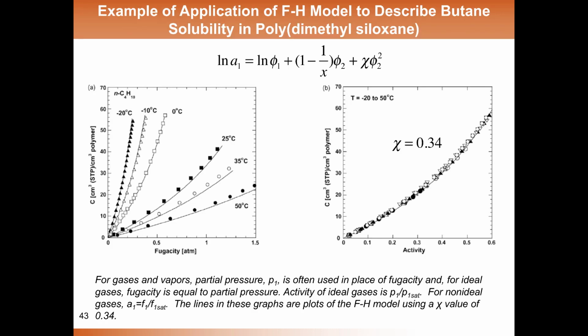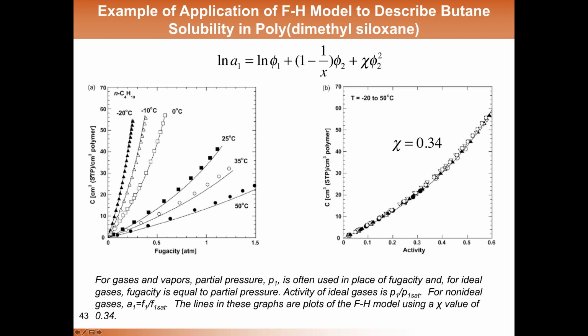So how is this useful for us? Well, we can use this to describe the partitioning of gases into polymer. And so this is an example of butane absorbing into polydimethyl siloxane or silicone rubber. So what's plotted on the x-axis is the concentration of butane in the polymer, and it's in cc's of butane at STP.